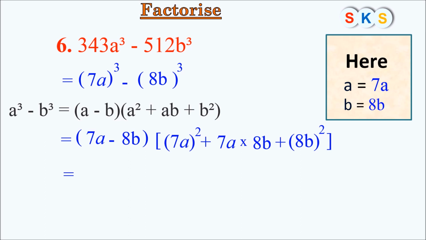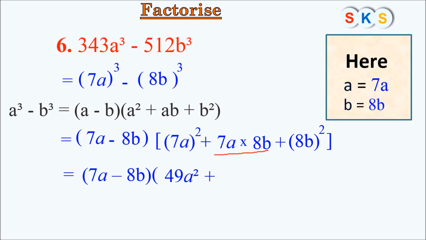So the first bracket cannot be simplified further because it is already in simplest form. So we will copy it as it is. Now in the second bracket, you can see the first term is 7a the whole square, right? 7a the whole square means 7a into 7a, and 7 into 7 is 49 and a into a is a square. So we will get here 49a square plus 7a into 8b.